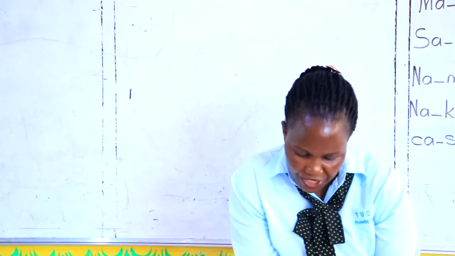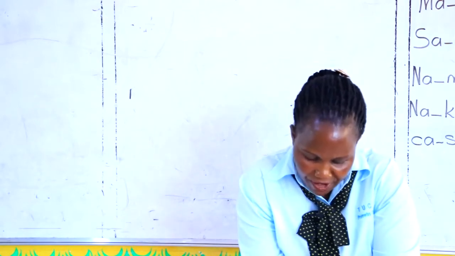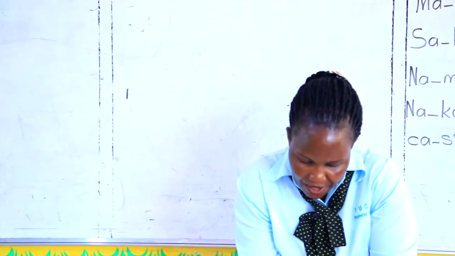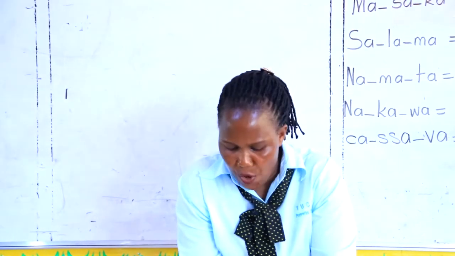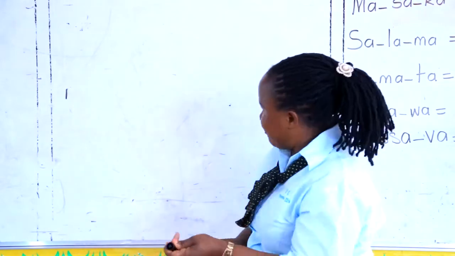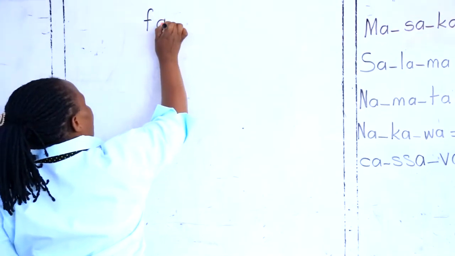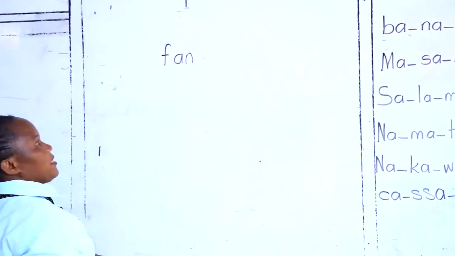The first picture is a fan, not so, and we have the words van, sat, fat, and run. When you look at these words, which words rhyme with the word fan? Let us first write the word fan. Just know the word fan.